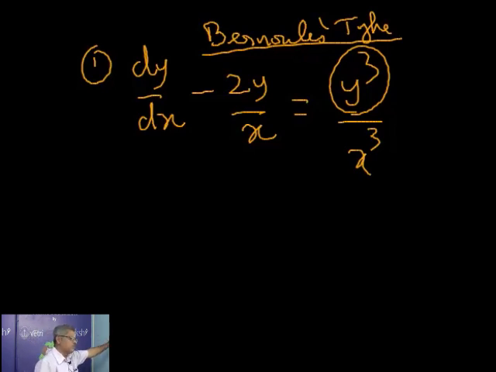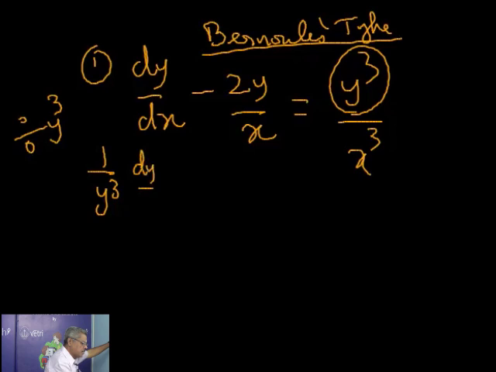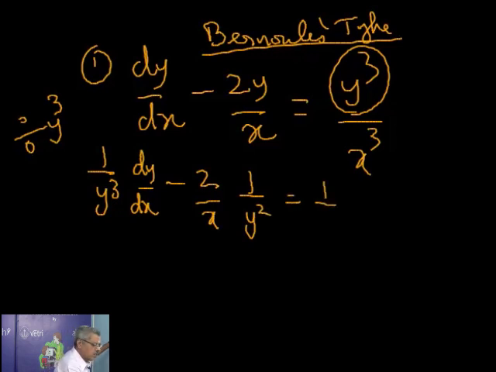What do you do? First of all, divide by y power 3. 1 by y power 3 dy by dx minus 2 by x times y by y cubed, that is 1 by y square, is equal to 1 over x.